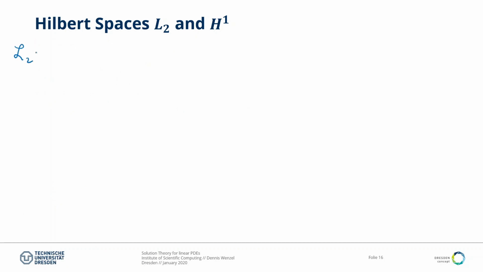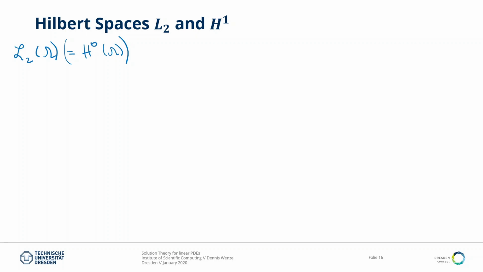And L2 of omega, that's just a side remark because we later on want to abbreviate it a bit shorter, L2 could also be written as H0 of omega, because H1 is the space of once weakly differentiable functions that have derivatives in L2. So if you take zero derivatives with the superscript 0 here, that's the same thing. But that's only something we need for later.